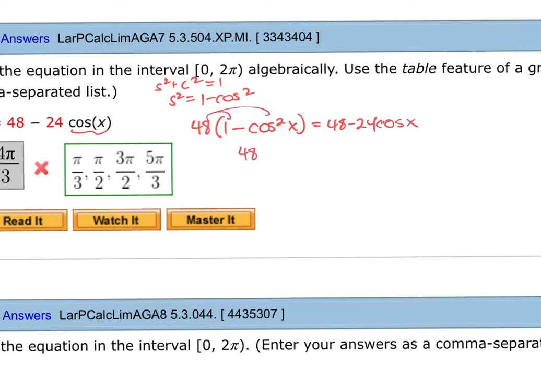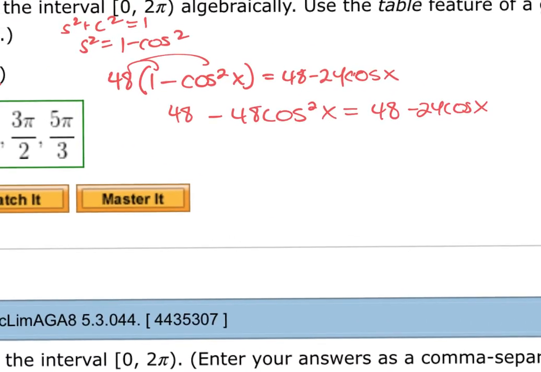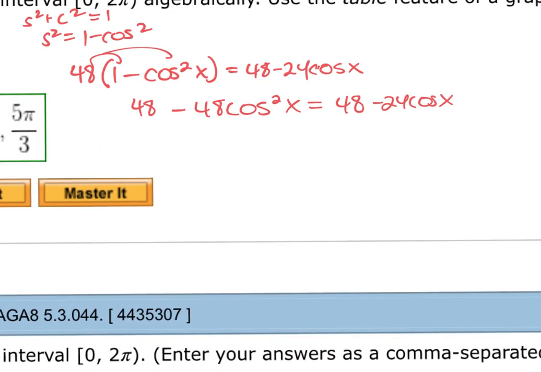Distribute, so it's 48 minus 48 cosine squared x equals 48 minus 24 cosine. And then I see a squared and a non-squared, which means get everything to one side. I like my squareds to be positive, so I'm going to move this that way. So I'm going to add the 48 cosine squared, and I'm going to subtract the 48.